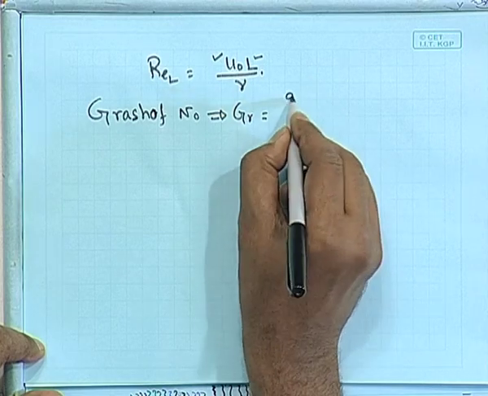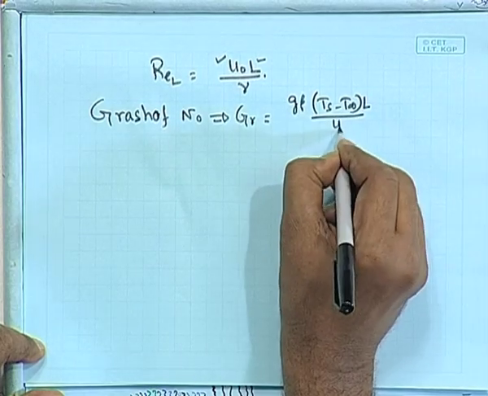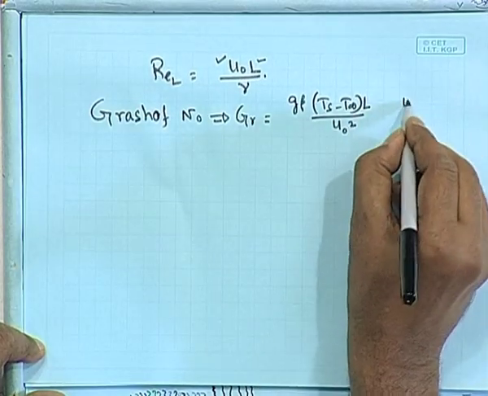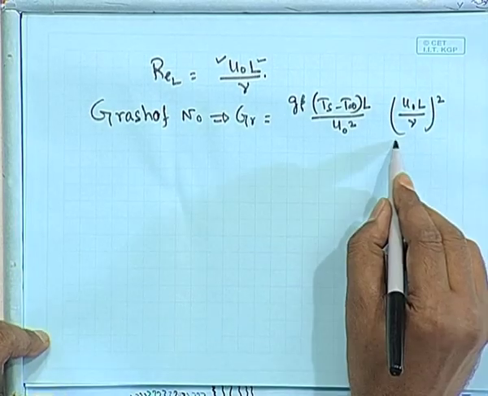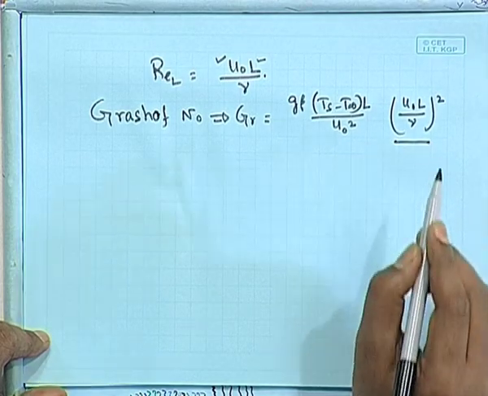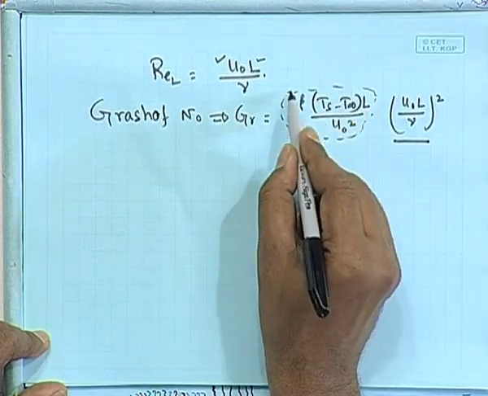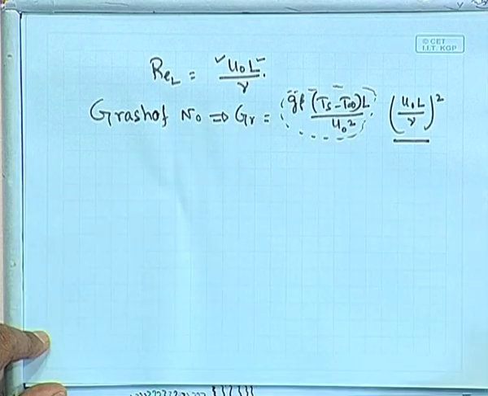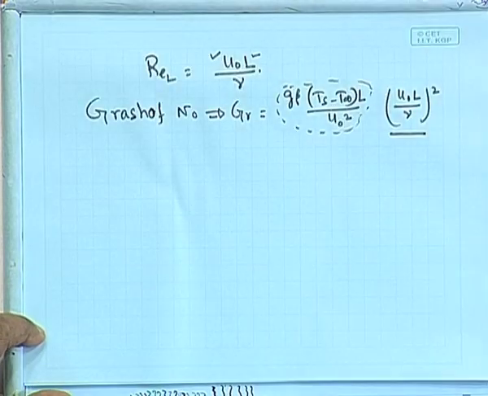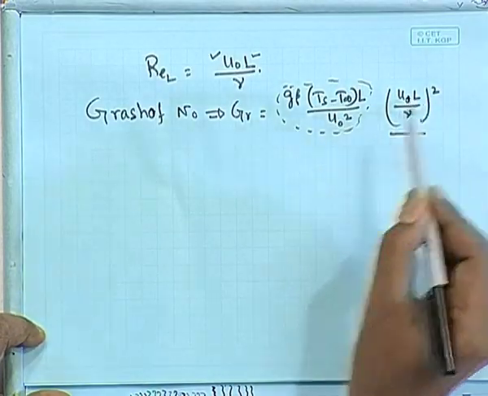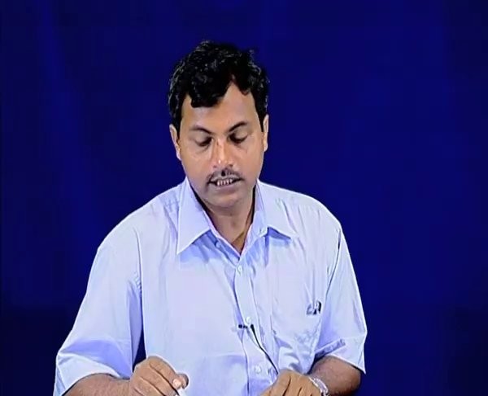It is defined like this: g beta (Ts minus T infinity) L by u naught square, times (u naught L by nu) whole square. What is this? This is the Reynolds number, and this is the non-dimensional number that was appearing in your equation of motion. Now, by the definition of this Grashof number, you can do away with the unknown reference velocity u naught.